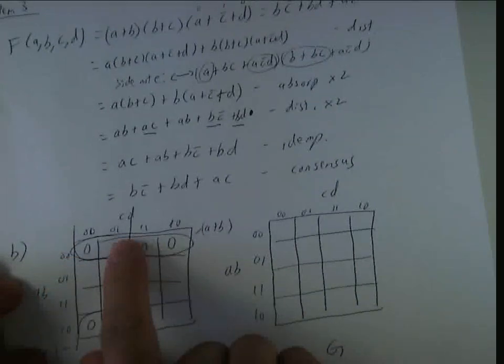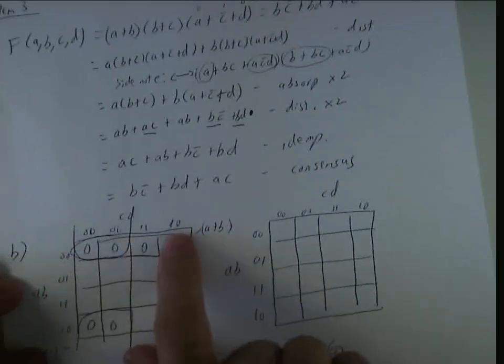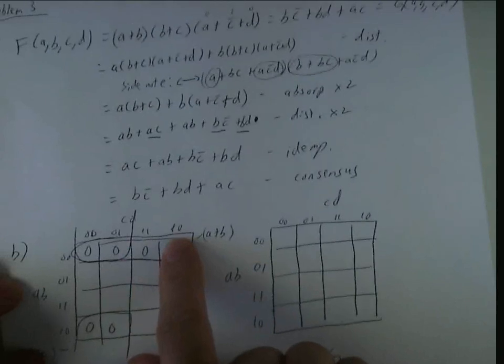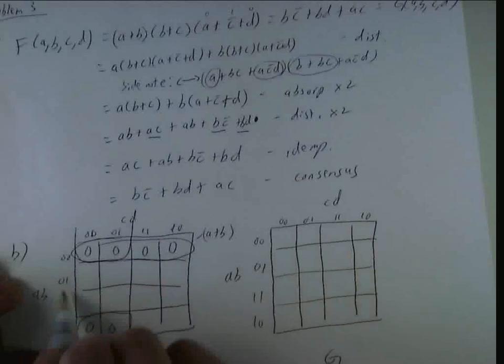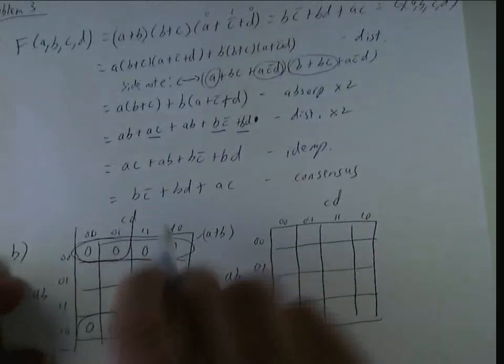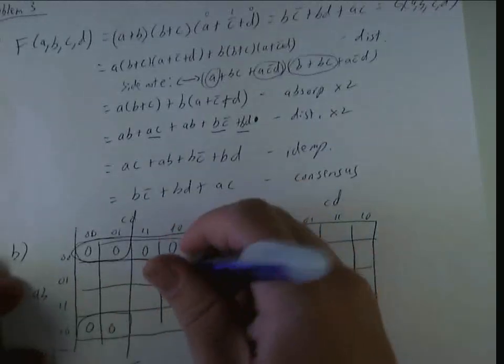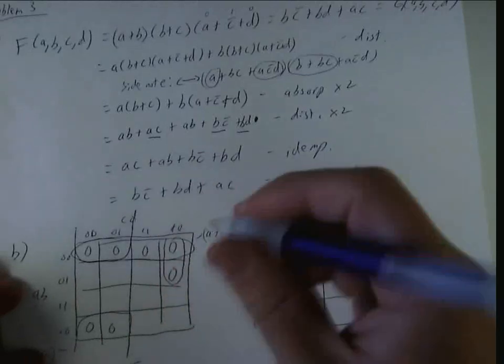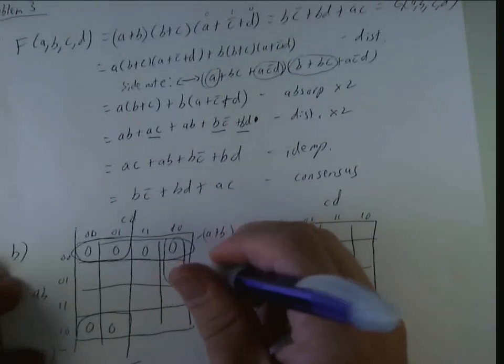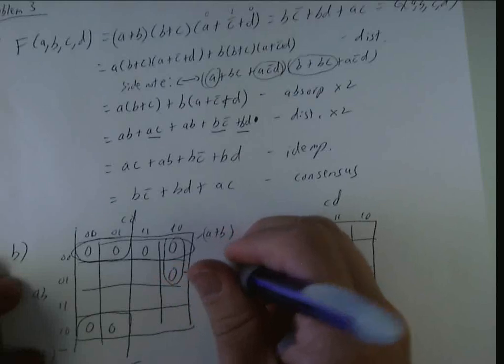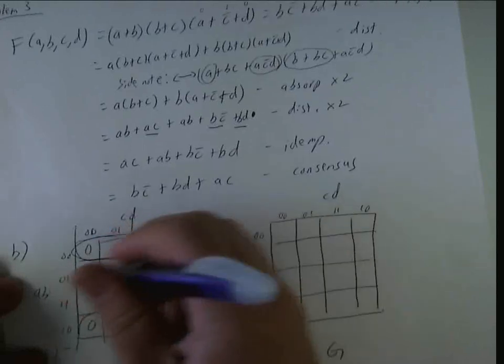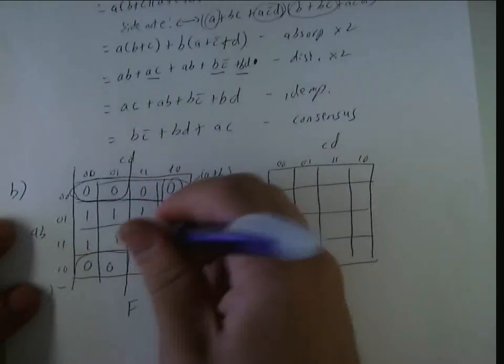C is 1 is going to be over here. And D is 0 will be this. So it's going to be A is 0, C is 1, D is 0. Will be this loop here. So this is A or C bar or D. And I'll fill the rest of this in with 1s.